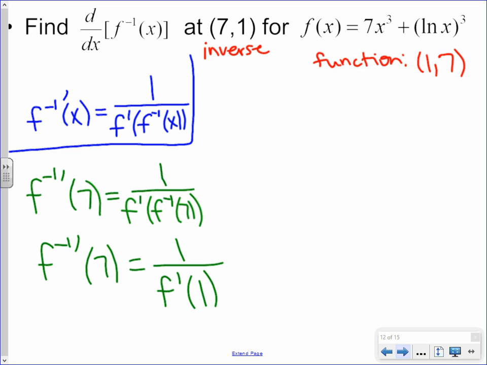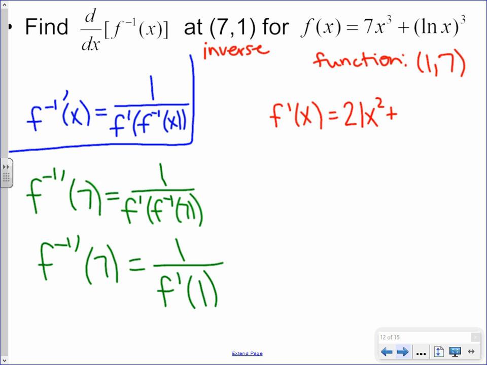Now, what do we need? In order to finish this out, we need to find f prime. This should be fun, right? f prime of x. Derivative of 7x cubed: 21x squared.